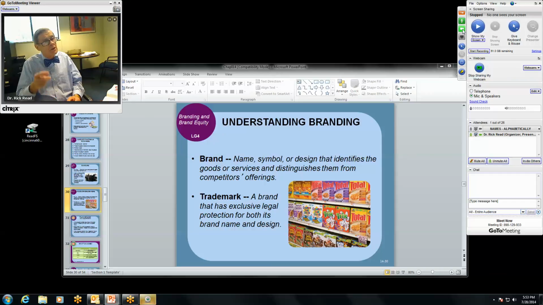A trademark is a brand that has legal protection, and they are allowed to use this particular symbol, name, etc. And anybody else who gets into that is running into problems. I guess my favorite example of that is Victoria's Secret, which, as you know, sells lingerie for women.